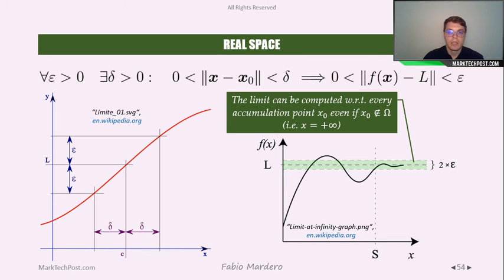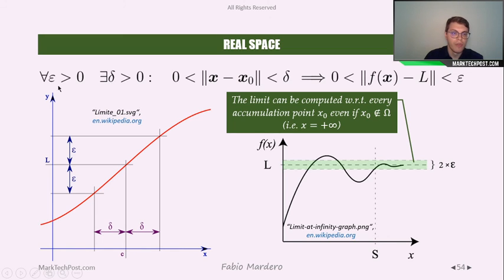Now we can characterize even better what our limit is. Here we don't have x0 because the picture is taken from Wikipedia, but we have c. So L is the limit at c. What does it mean?